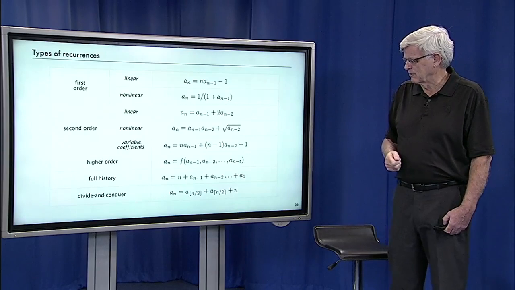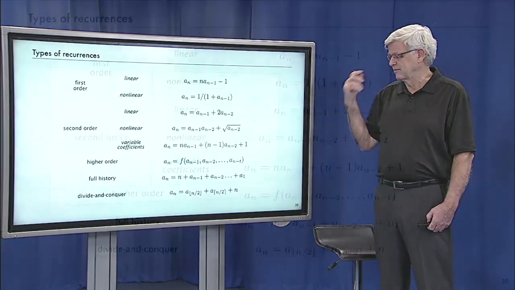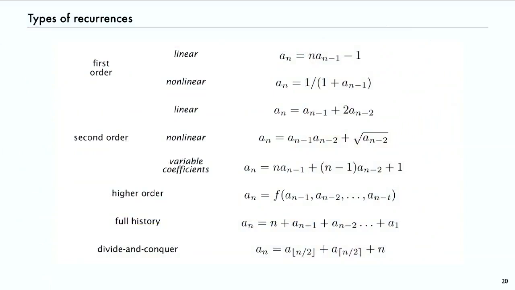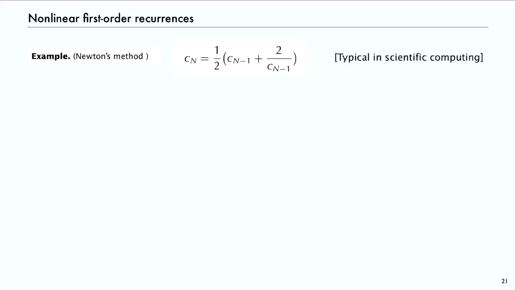And then there's a special case that arises quite often in the analysis of algorithms, the so-called divide and conquer, where a sub n depends on terms, say, about halfway back in the sequence. We'll have quite a bit to say about that in just a bit, and those are very important in the analysis of algorithms.